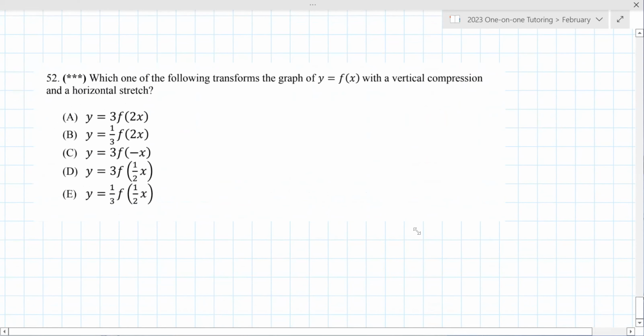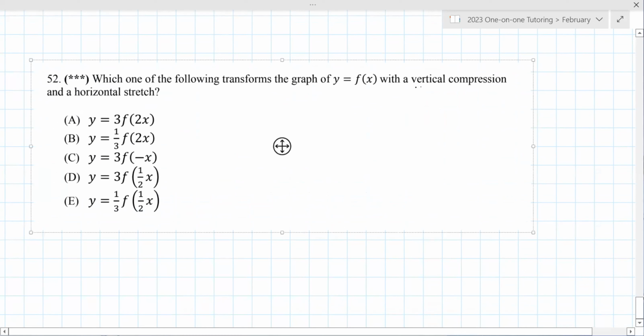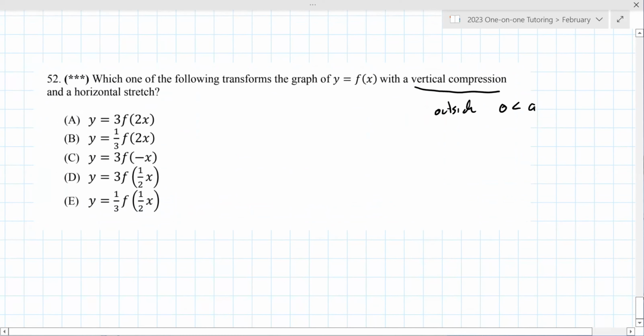Okay, so vertical compress means the number outside has to be between 0 and 1. So that could be A, C, D. The stretch is always kind of the opposite.